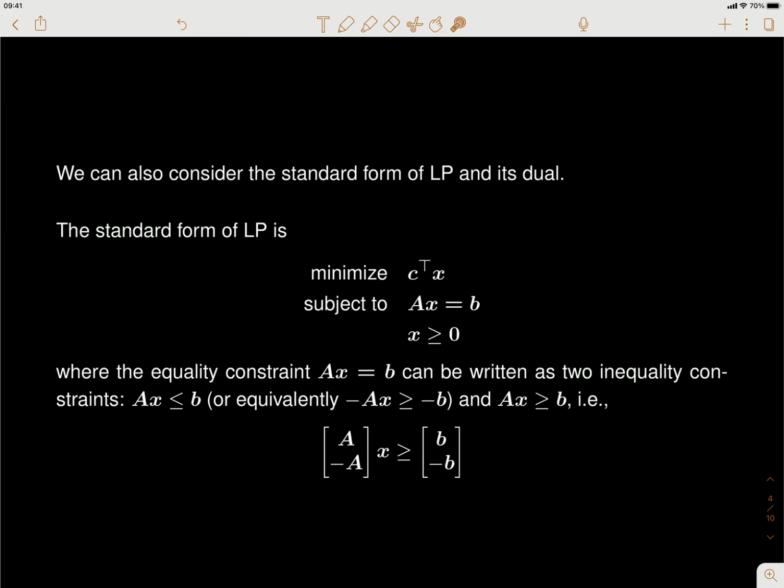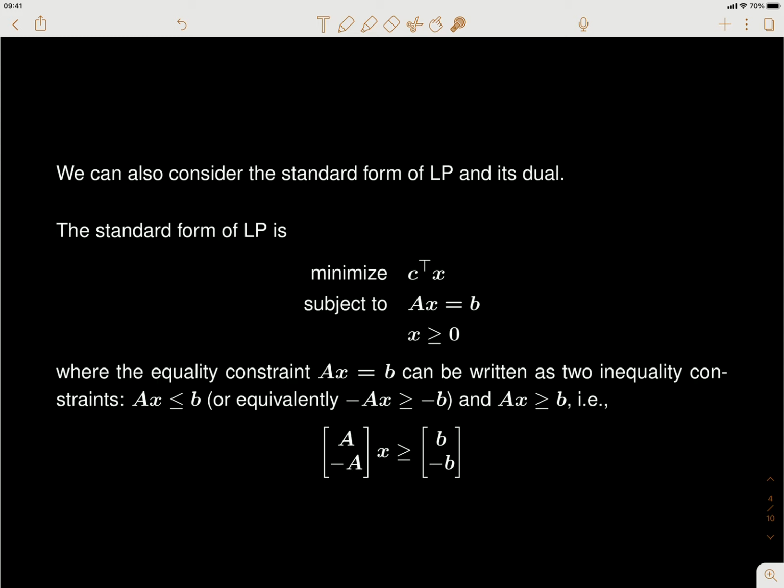Now let's consider the standard form of the linear program, because in the previous lecture when we talked about the standard form of the linear program and the simplex method, we said always start from the standard form. In that case, we don't have Ax greater than or equal to b, we have Ax equals b.